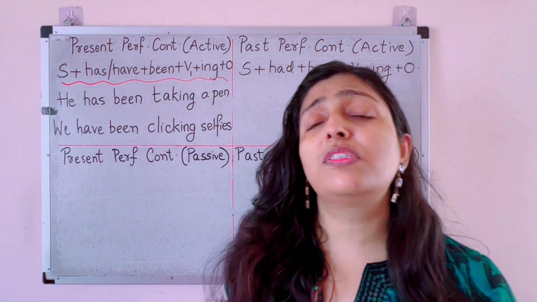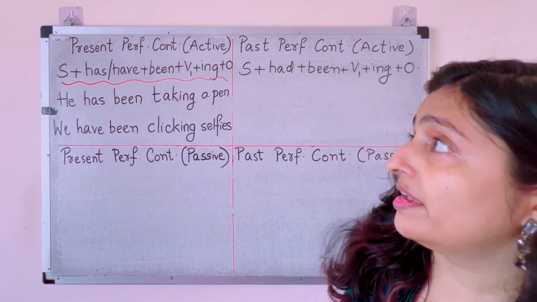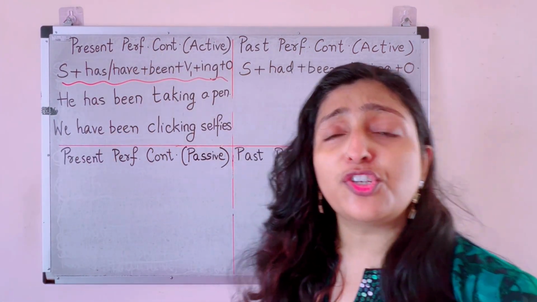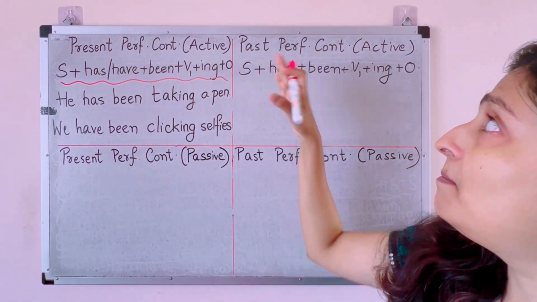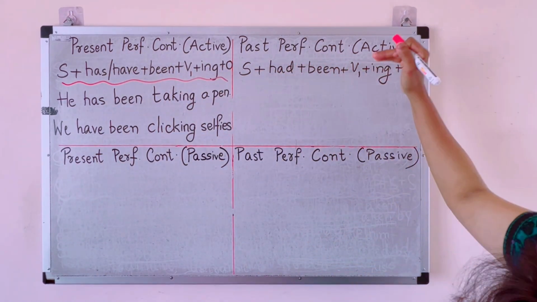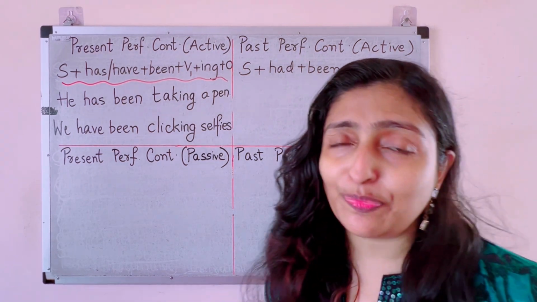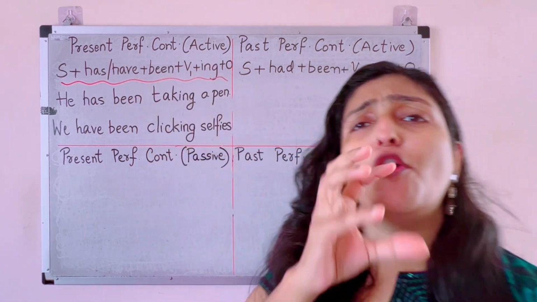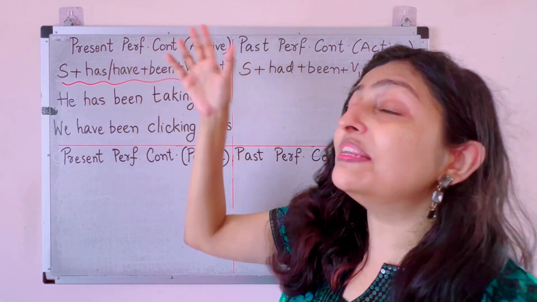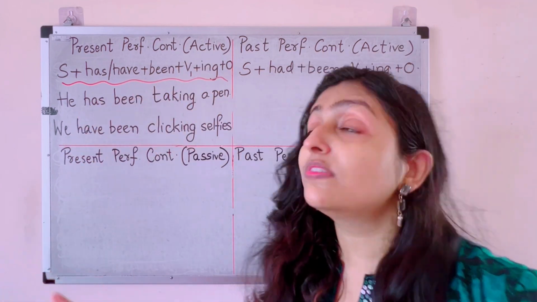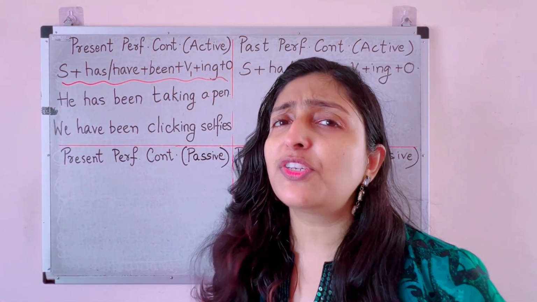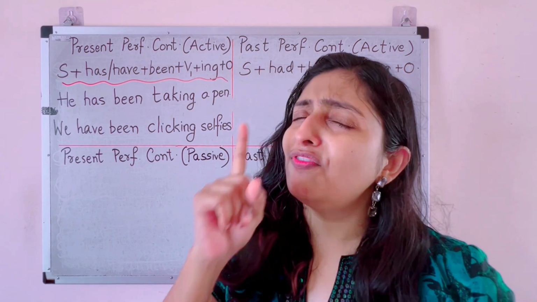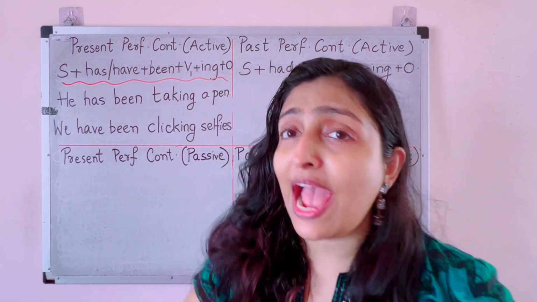The fourth tense form is present perfect continuous active and passive, and to the right, past perfect continuous active and passive. Now let's learn the formula for present perfect continuous in active voice. If it's a perfect, then we will have has or have or had.